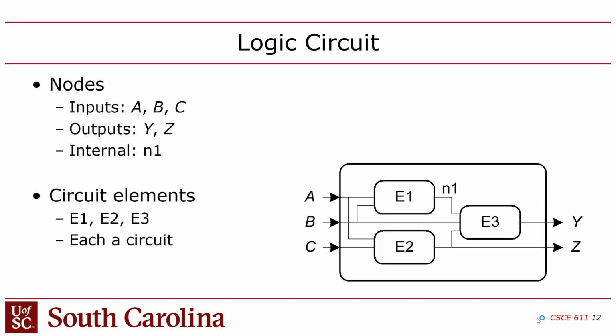Okay, so here's an example of a logic circuit where you have inputs A, B, and C, outputs Y and Z, and then there's this internal connection, N1. Now there's actually only one internal connection, even though it looks like there's more than that, because you can see that A is an input, and it fans out to 2 connections. It fans out to an input of E1 and E2, which are internally instanced modules, right?